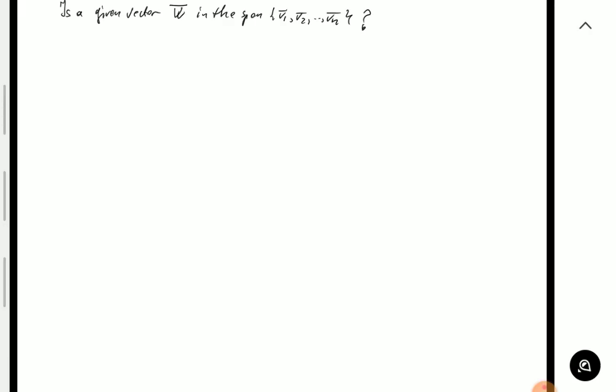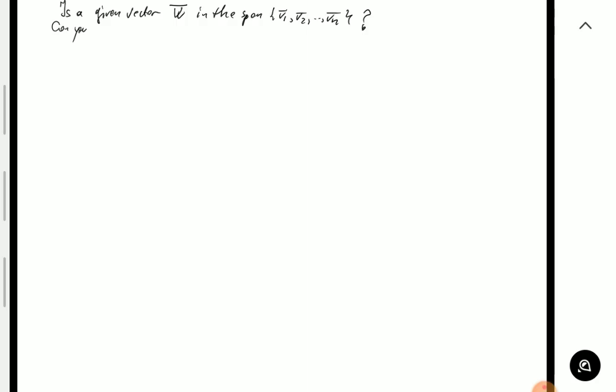All right, so write this subtitle: Is a given vector W in the span of V1, V2, dot dot dot, Vn? So given a span of a bunch of vectors, is a given vector W in the same span? Remember, according to the definition, we can reformulate the question in the following way.